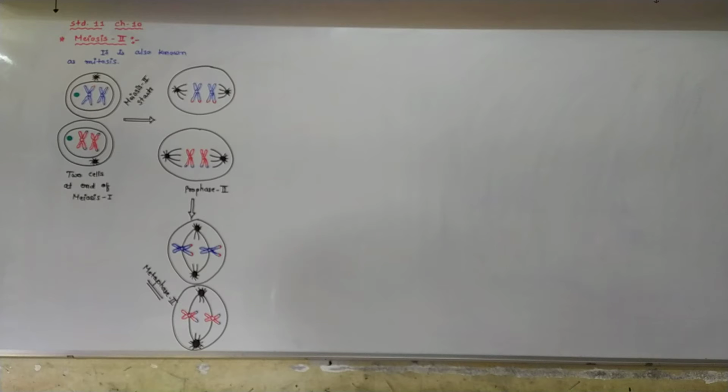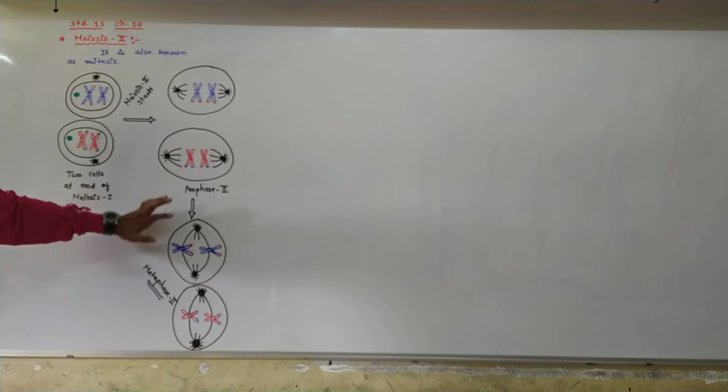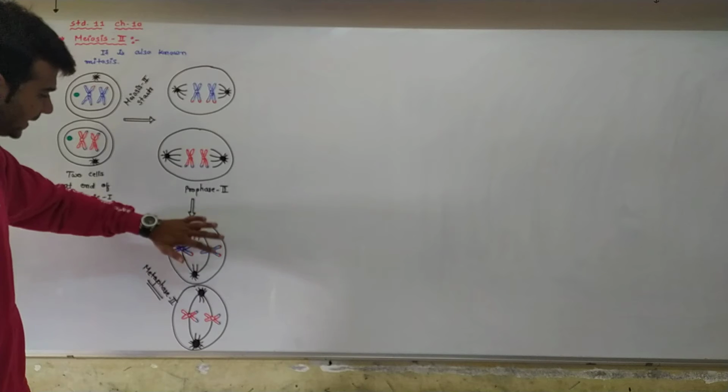See, metaphase 2. So in the metaphase stage, what happened here? The chromosomes are arranged in the center of the cell and attached with the spindle fibers from the kinetochores and form the metaphase plate.